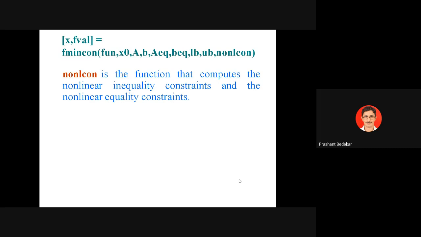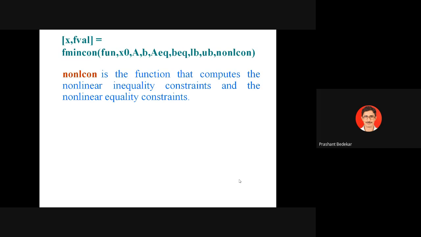So if you go into the details, you will find that the fmincon function has been written basically using the sequential quadratic programming method. And that is why I say there is no meaning in comparing the results. The results are bound to be correct, bound to be the same: the result obtained using the fmincon function in MATLAB and the result obtained by manually applying the sequential quadratic programming method.